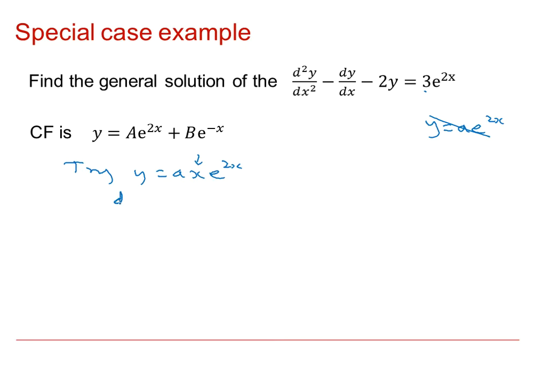So now we can find dy by dx with a product rule, and we get a e to the 2x plus 2a x e to the 2x. And the tiny little detail here is if you take out a common factor of e to the 2x, it will make the second derivative easier to find.